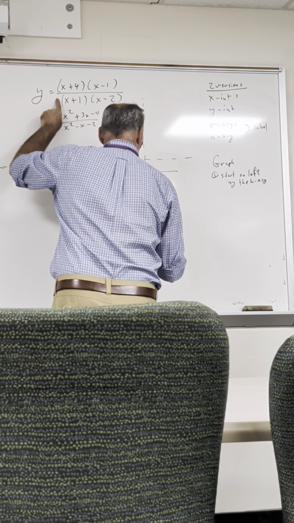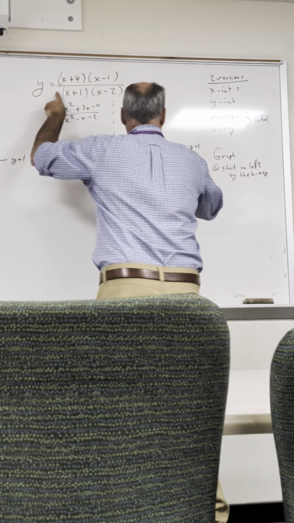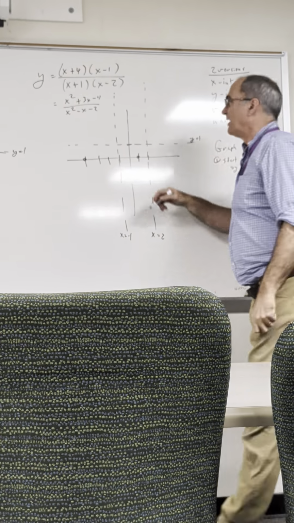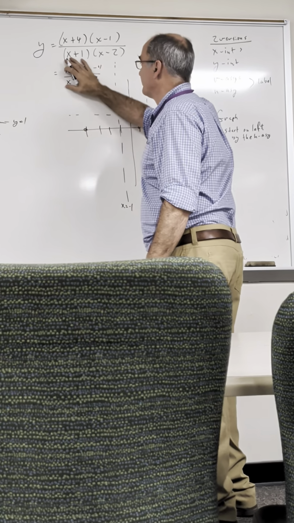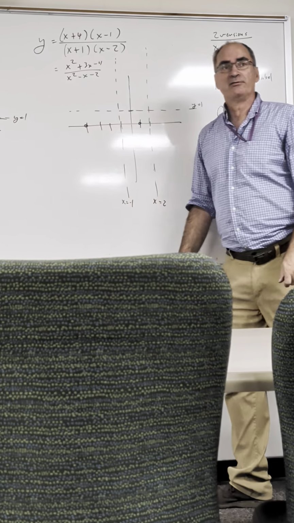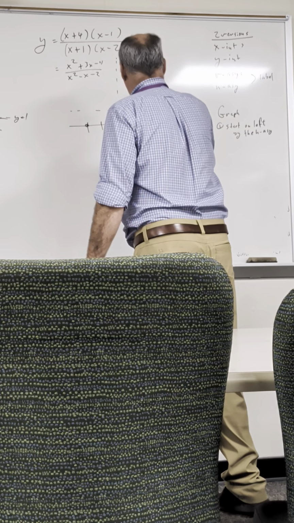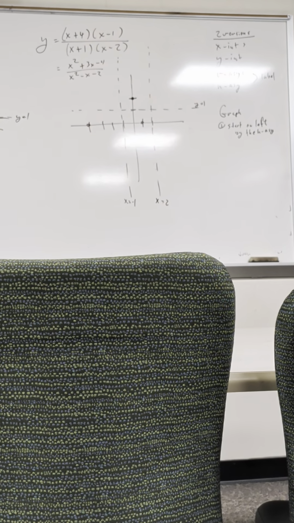X equals -1, x equals +2, y equals 1. My y-intercept, I look here, because if x is 0, all of that disappears. y is going to be -4 over -2, which is +2. So it looks like that.